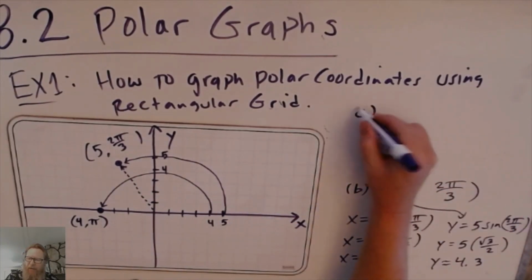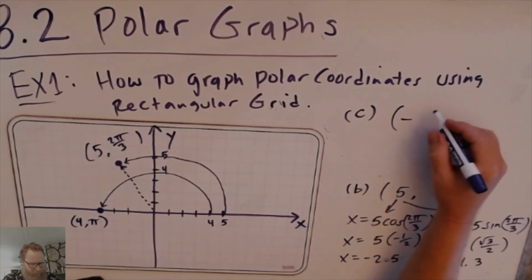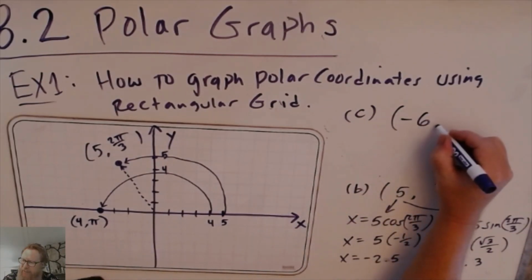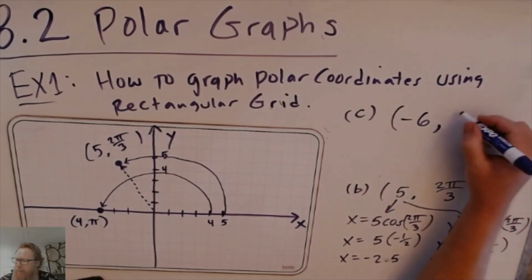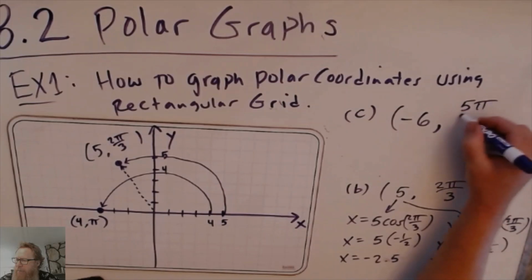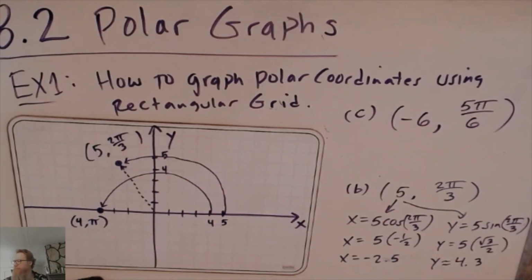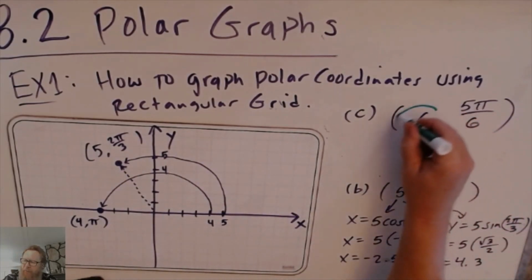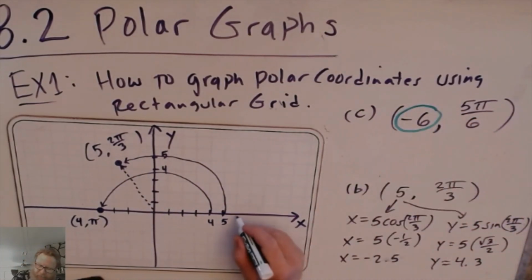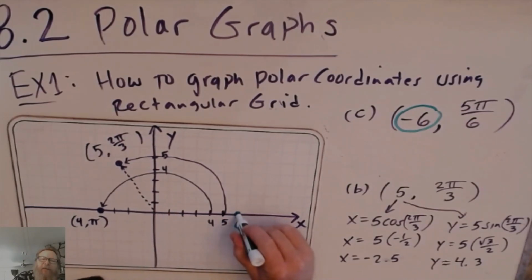Let's try negative 6 and 5 pi over 6. So remember, there's really no such thing as a negative radius, so you're going to go out to 6.